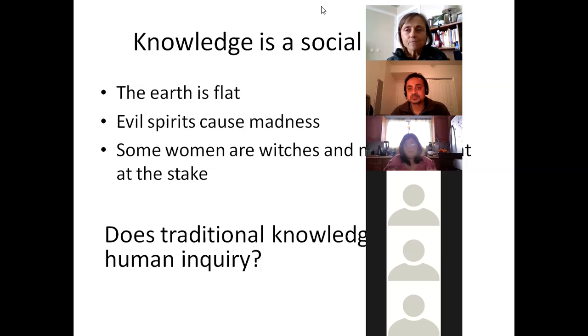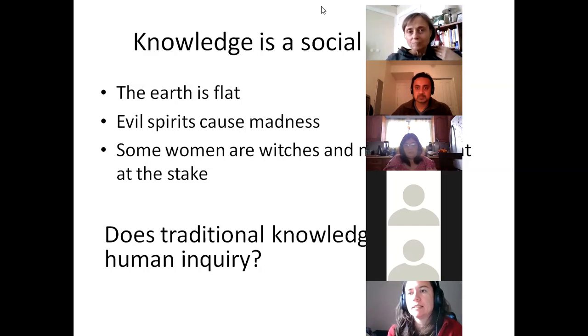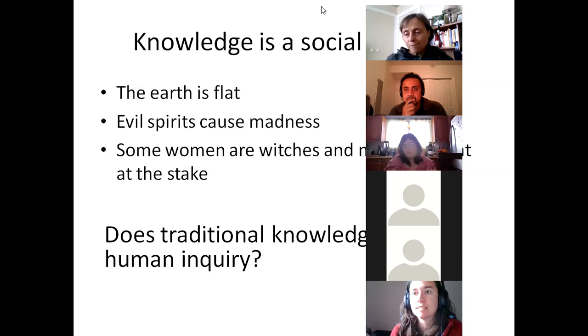Steph? I was going to say, I think it can go both ways, and I think it very much depends on the attitude we take towards pre-existing knowledge. If we view knowledge as tentative, then I don't think that what is already known or thought to be known will hinder further inquiry. The example that sprung to mind is the endless debate about religion versus science, and whether religion hinders scientific inquiry.